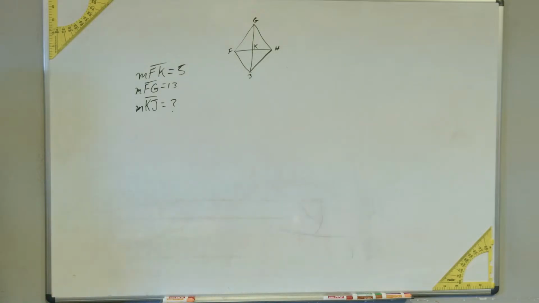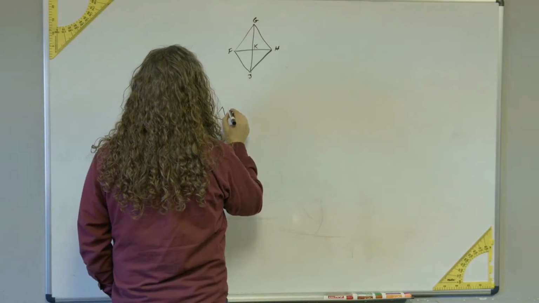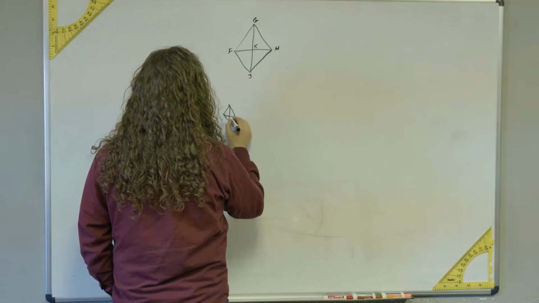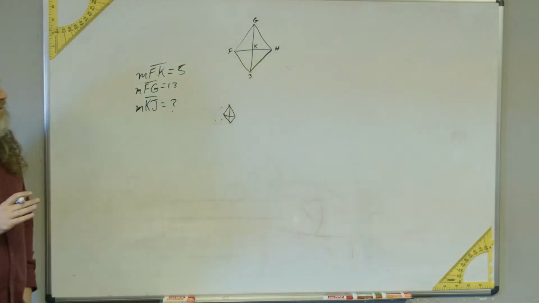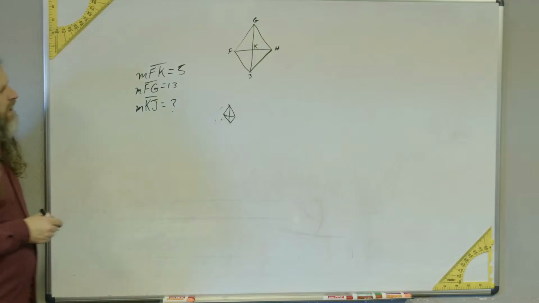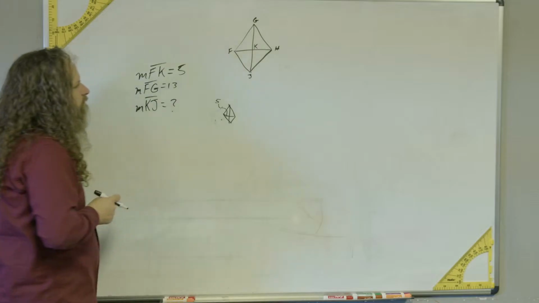If I was doing a problem like this, I would draw a little sketch real quick and label the stuff on my paper. I would pretty much always do that if it doesn't provide it for me. So we've got FK, which is this one right here. This one is 5.